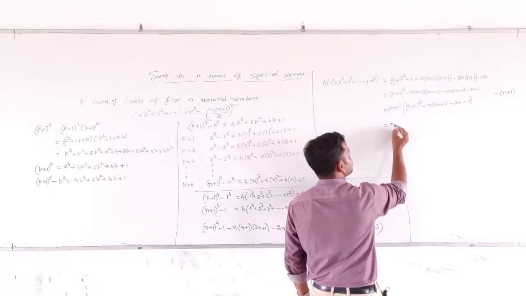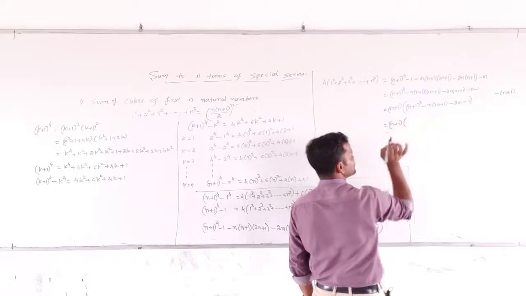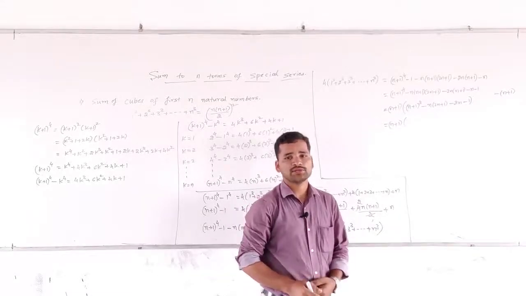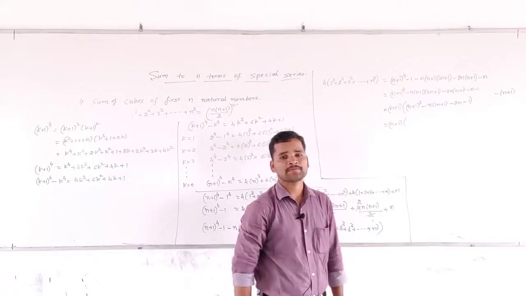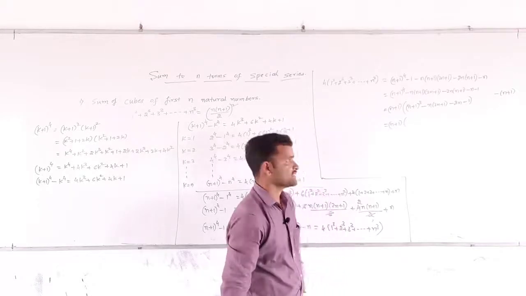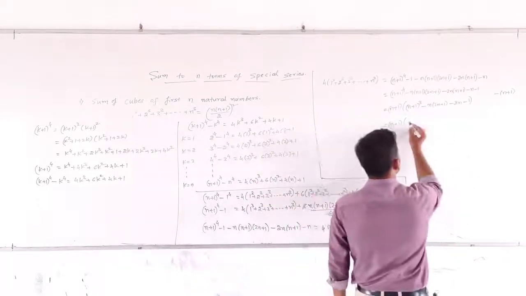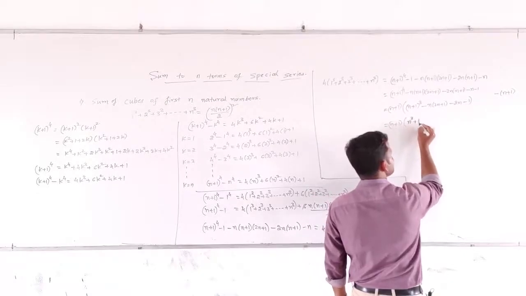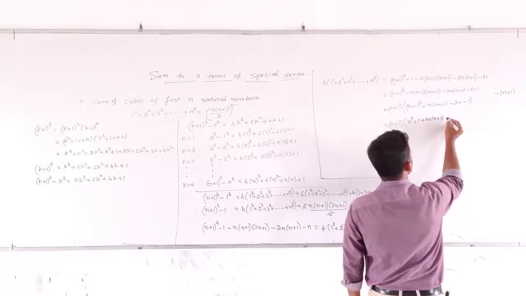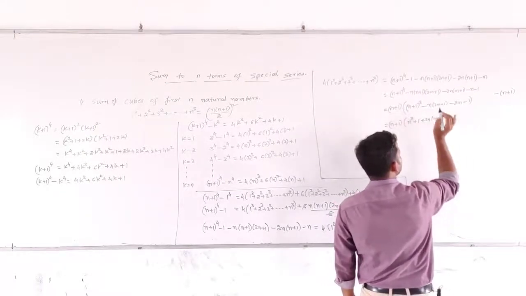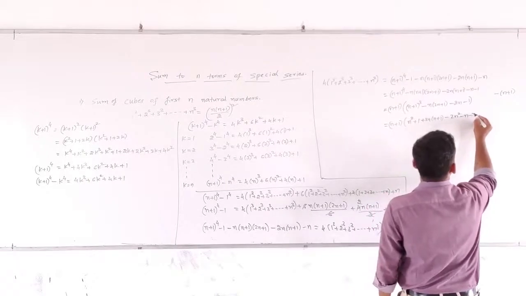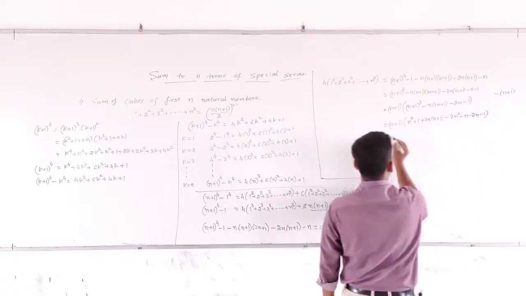Now n plus 1 into this one we expand. (n plus 1) whole cube is like (a plus b) whole cube. (a plus b) cube equals a cube plus b cube plus 3ab into (a plus b). That formula you use. n cube plus 1 cube plus 3n into (n plus 1) minus this n gets multiplied with these two, minus 2n square minus n minus 2n minus 1.